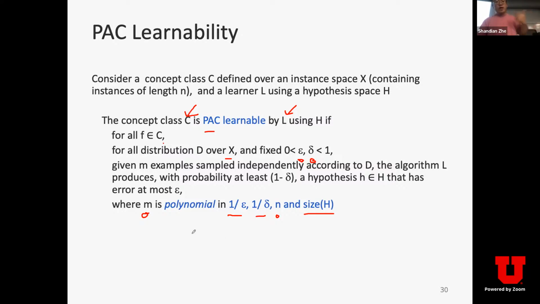It just needs polynomial numbers with respect to the requirement about the error level, the probability level, the feature number and hypothesis space. It just needs some number of examples polynomial in the scale of the problem. You can have a high chance to find a hypothesis which has generalization error less than epsilon. So that's the key idea.